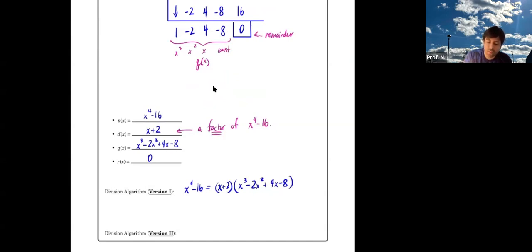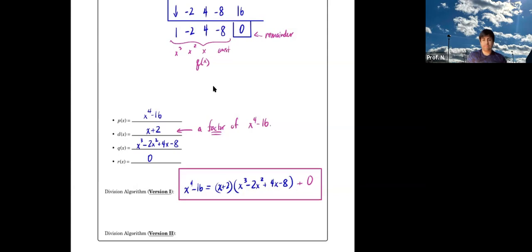And there's a plus 0, of course, because this is my remainder, but I don't really need that plus 0. Are you guys following this? These two guys here are factors of this.